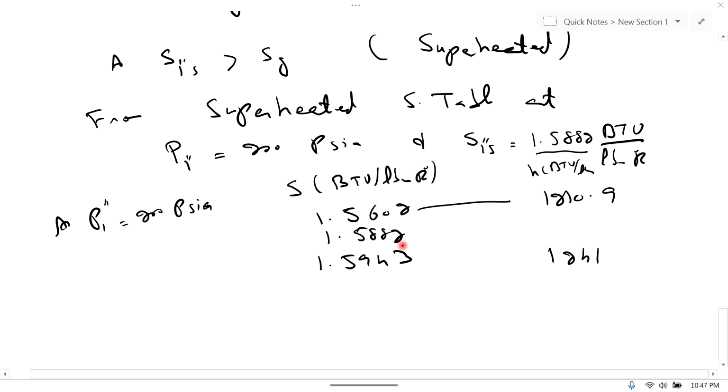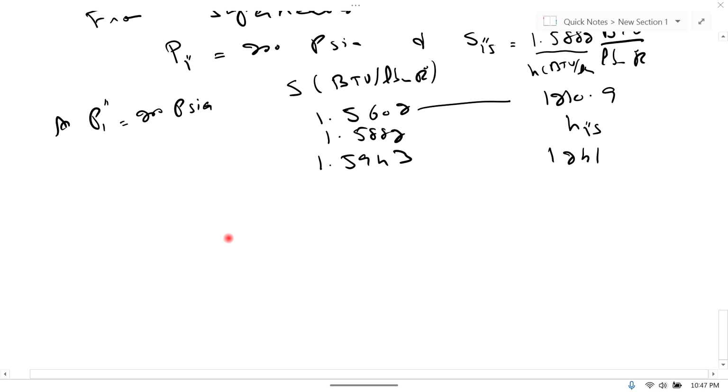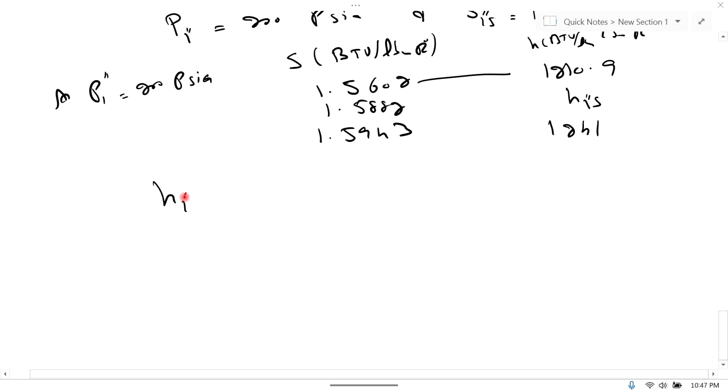At 1.5882 we have to find the enthalpy H1 double dash S. So doing interpolation, H1 double dash S is equal to 1256.139 BTU per pound mass.